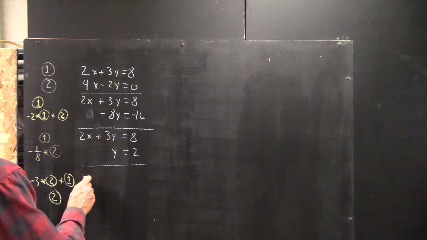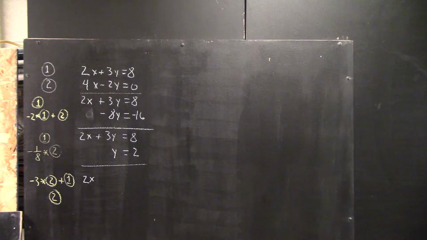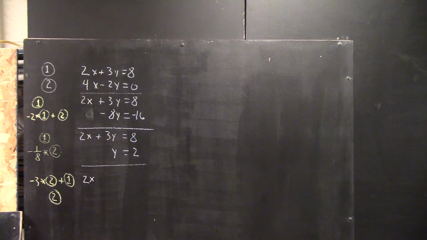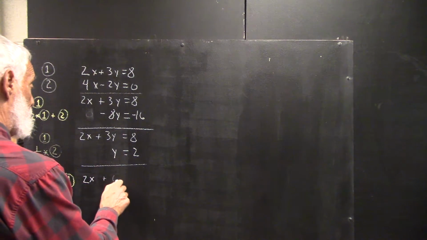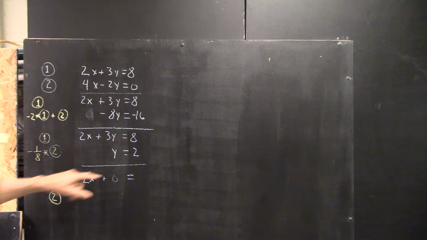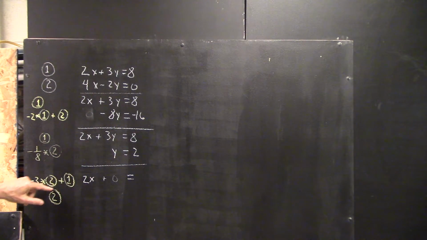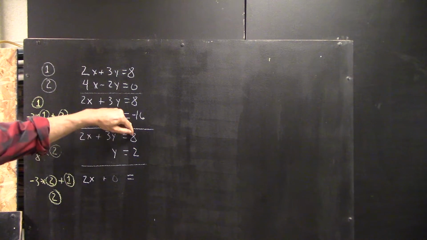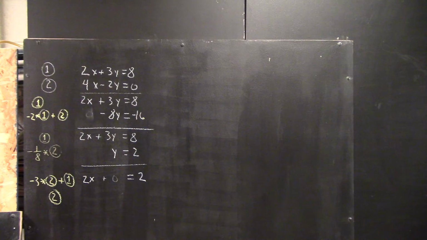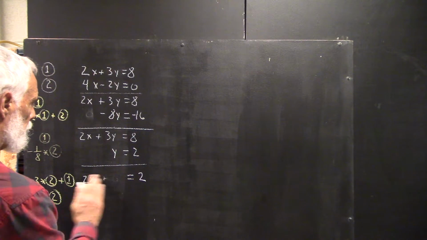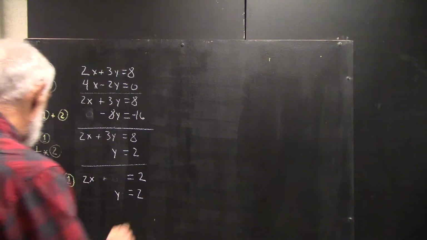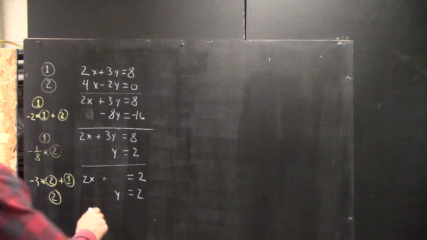So I've got 2x, and then negative 3 times y is negative 3y, add that to 3y, I get 0. And then I've got to do negative 3 times the 2 here, because that's in the second equation. Negative 3 times 2 is negative 6. Added to 8 gives me 2. Now the plus 0, it wasn't necessary to write that. And my second equation, as I specified, remains unchanged.